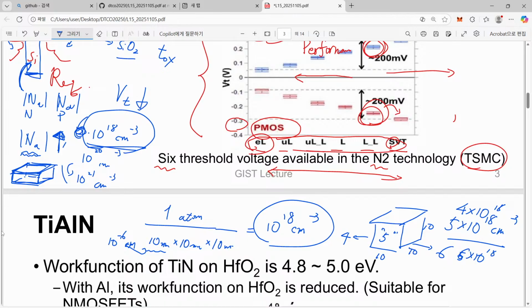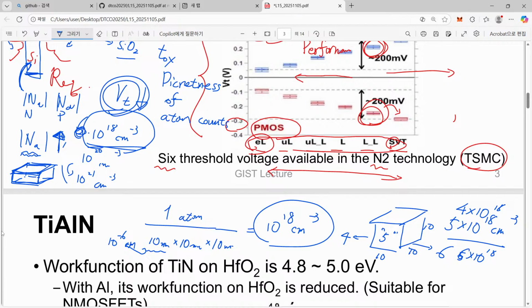Since this doping density really determines the threshold voltage, this means that when we have a very small device, we can now see the discreteness of the atom count.